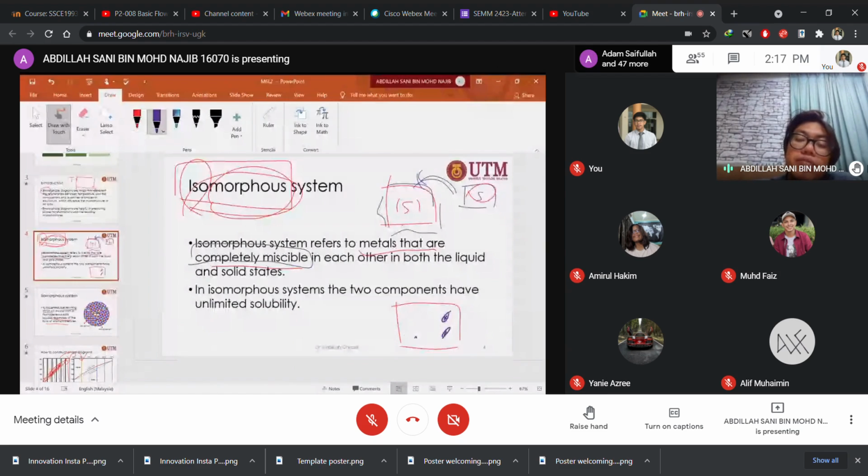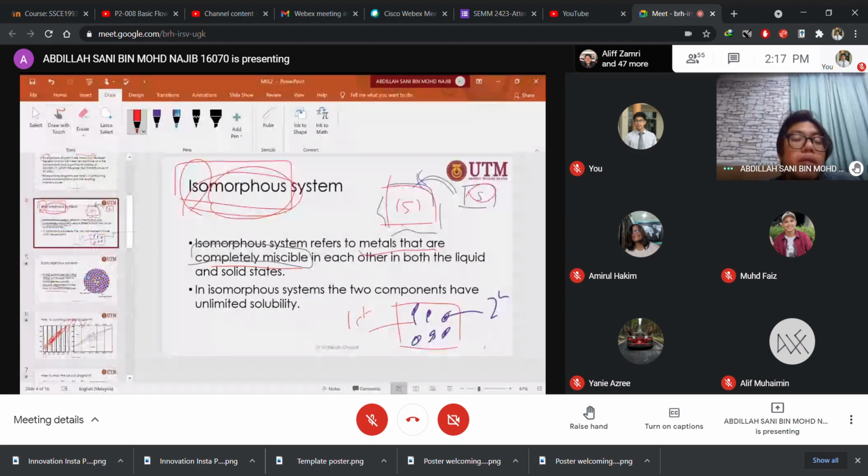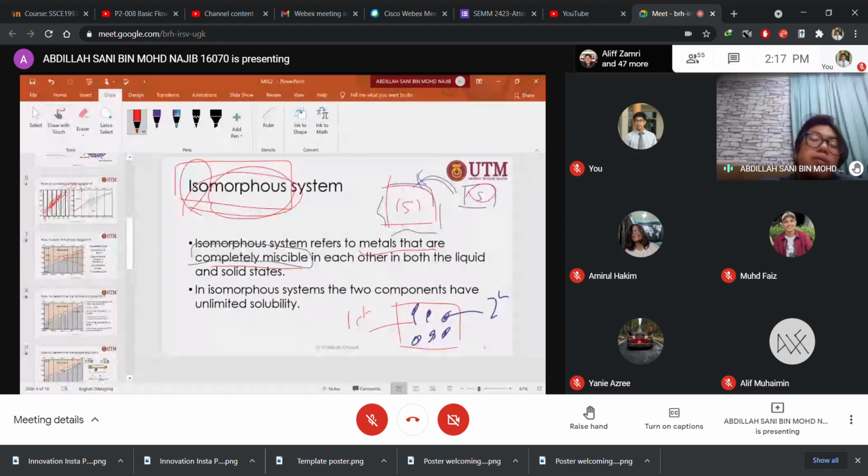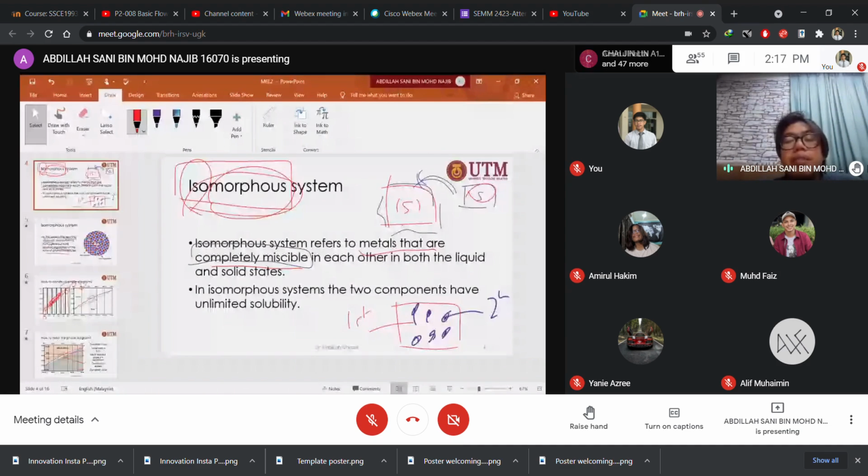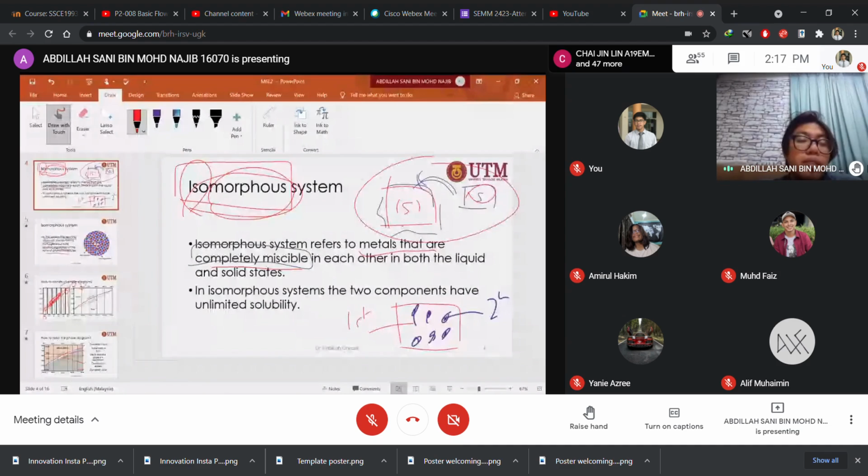This is the second phase, and this is the first phase. You will have a contrast of materials on the surface. The isomorphous system is this one. It doesn't matter how much you add, it won't form any second phase.